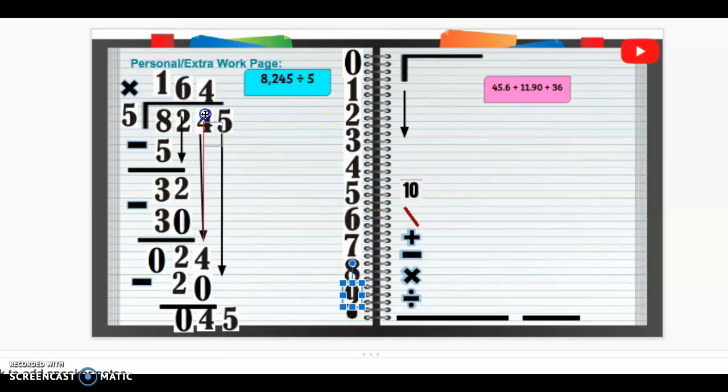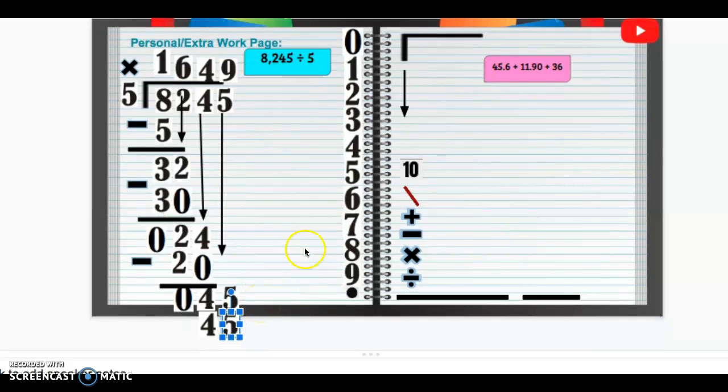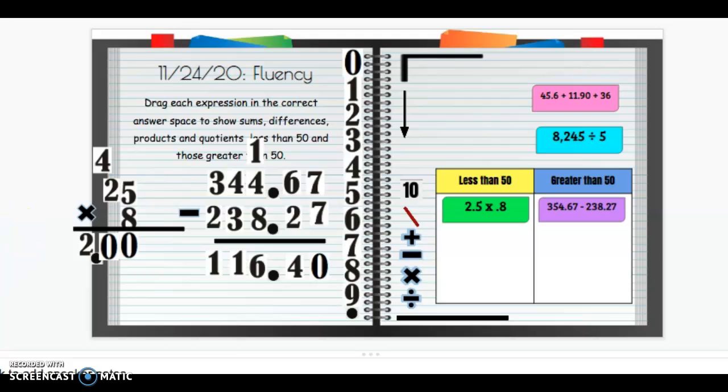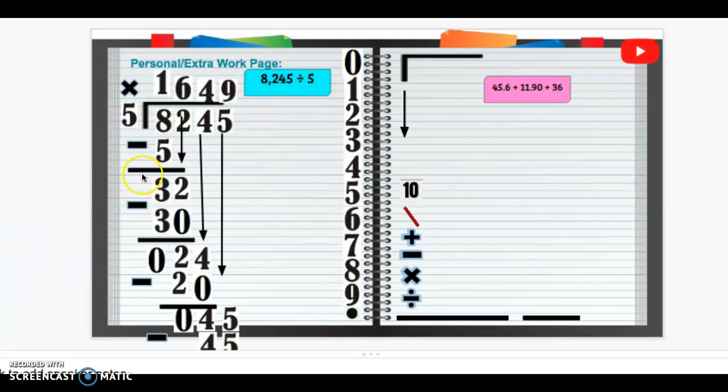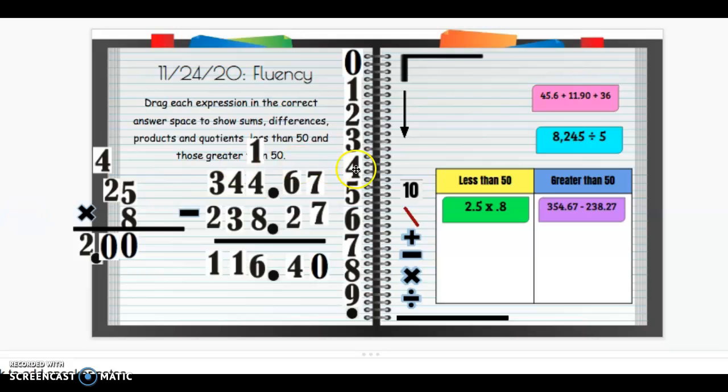It is 9, because 9 times 5 is 45. Then you'd subtract 45 minus 45, which gives you 0. So then you have to go back to slide 9 and look at it. 1,649 is greater than 50. So you drag that into your greater than side.